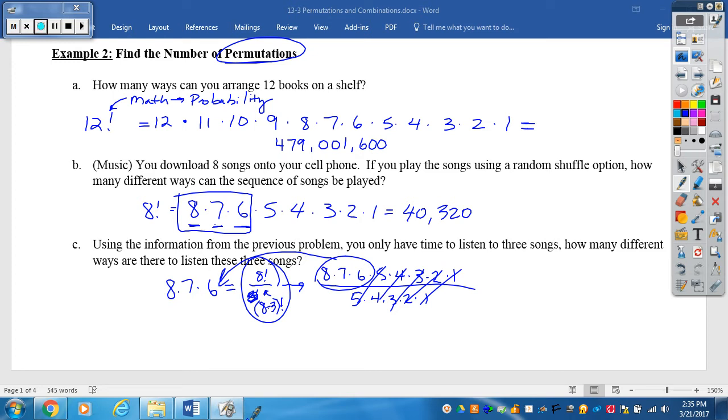Now, as far as the factorial notation, guys, you can just put down an example for yourself, like 4 exclamation point, 4 factorial equals 4 times 3 times 2 times 1, and that's completely fine with me. Okay, I just need to make sure you understand what a factorial is.